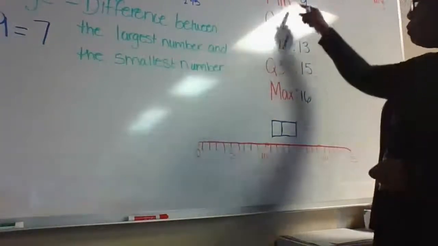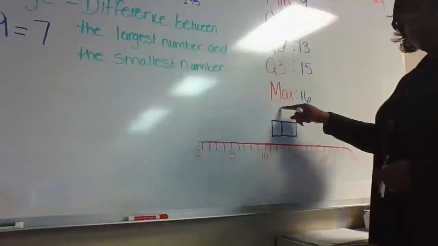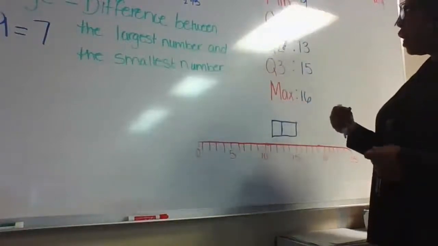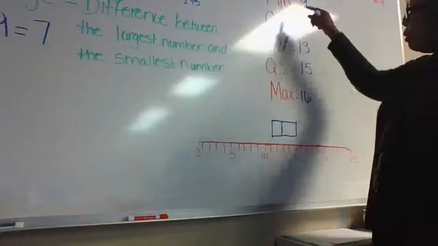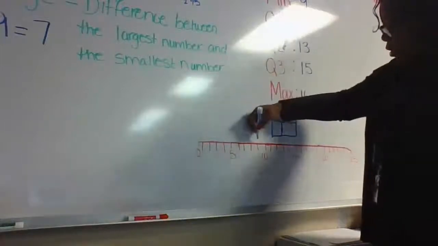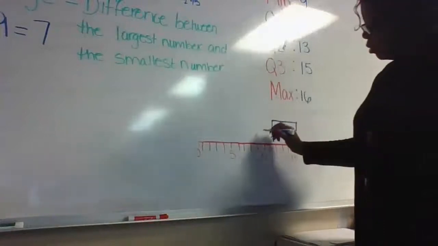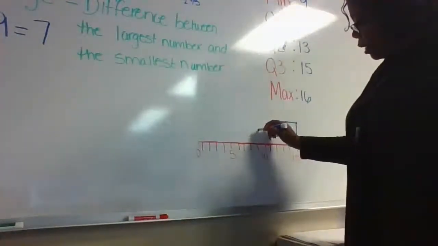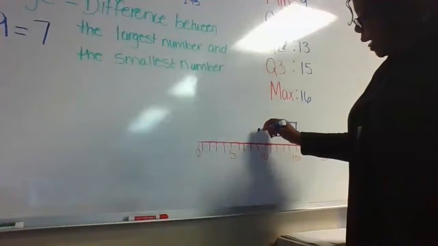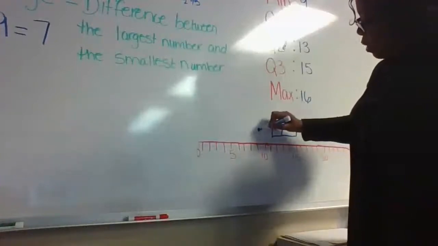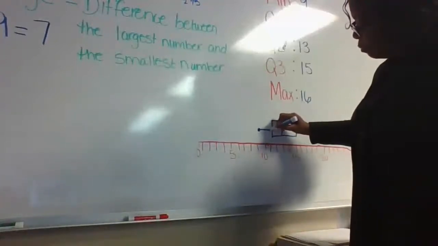We use the minimum and the maximum numbers to give us our whiskers. So the minimum number is 9. So we're going to come right here to 9, and we are simply going to make a good little mark at 9, and then draw our whisker. Boom.